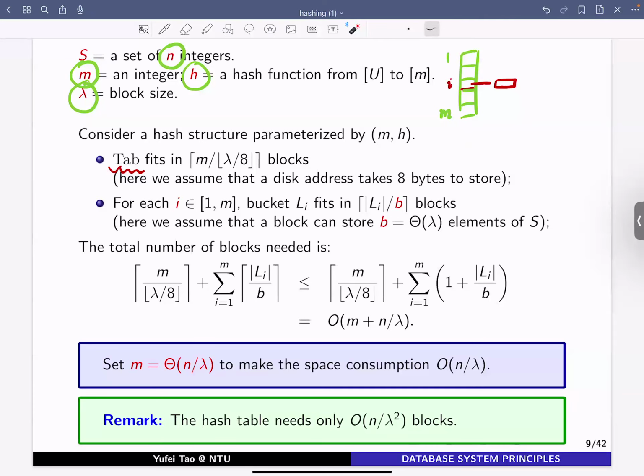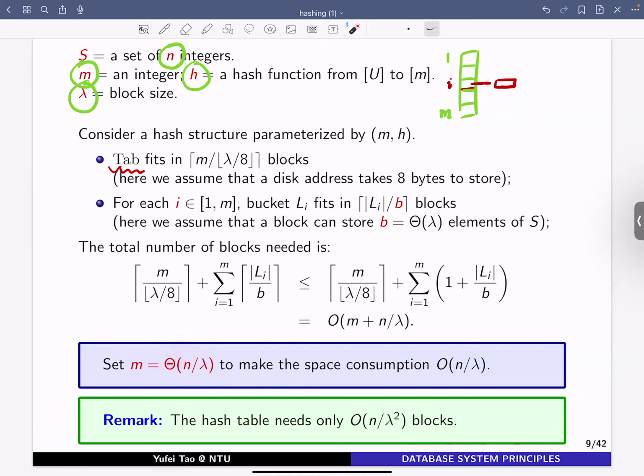So in practice, this value of m is almost always set to some value that is at the order of n over lambda. As you can see, you have this big theta here. So once again, this big theta basically tells you that m and n over lambda are always within a certain constant. Okay, so there is a constant c here.